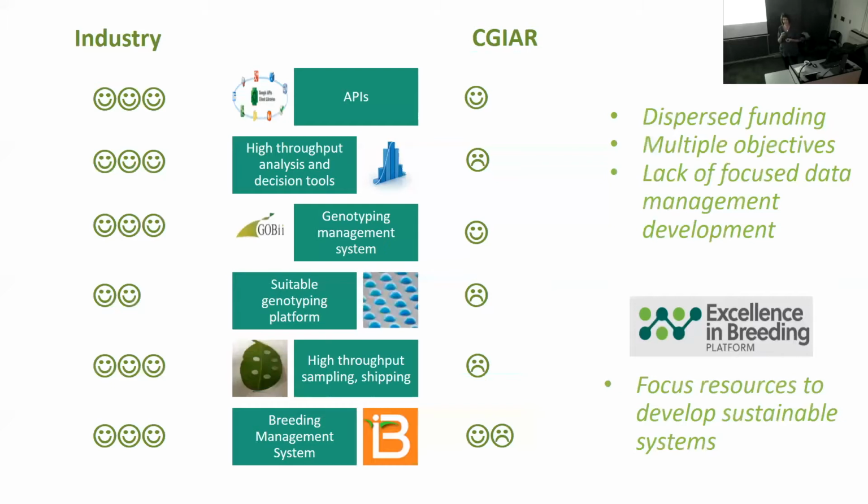So plant breeding is only just a part of what they do. And they don't have many resources, and those resources are spread across multiple projects with multiple objectives. So again, Excellence in Breeding is trying to focus these resources to develop sustainable systems, so that instead of 3 or 4 different solutions for breeding management, we just have one.